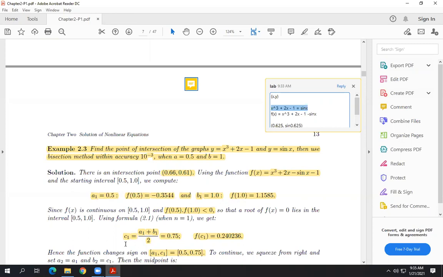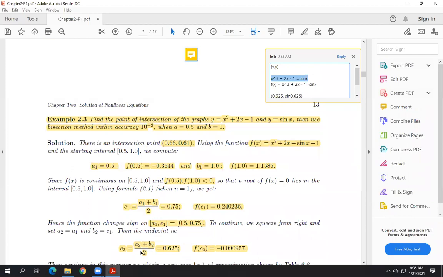Now we want to check what is the sign of the function at c1? Positive. So we ignore the last positive. It means your new small interval is from a to c1. So what is your c2? This is your c2 now.